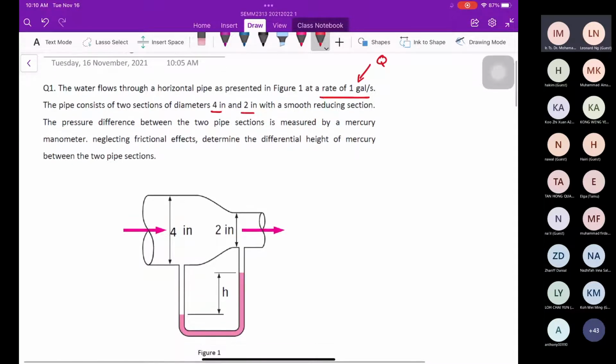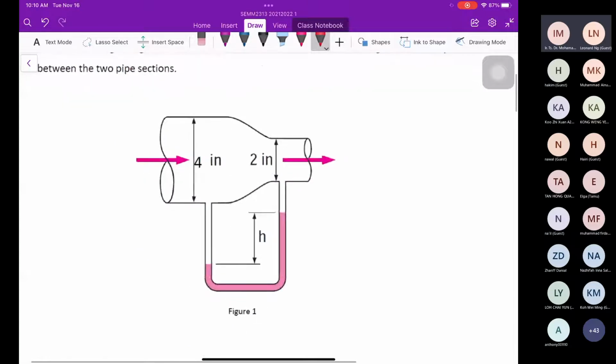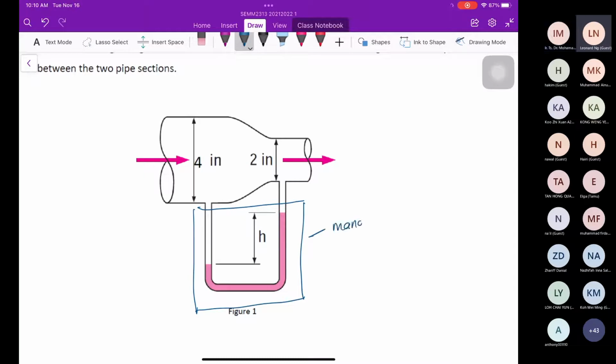So basically, when we analyze this question, we can see what we can do. First, we have the manometer section. For the manometer section, we can use the pressure difference P2 minus P1 equal to negative rho g (Z2 minus Z1).